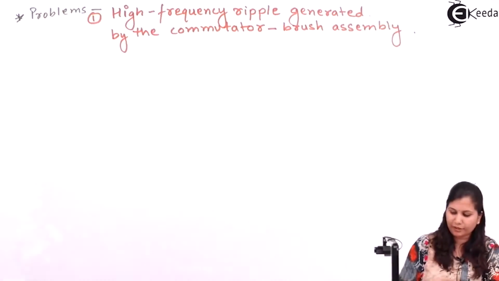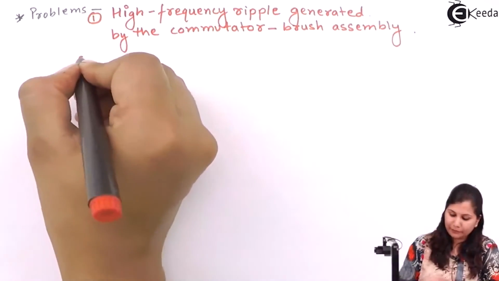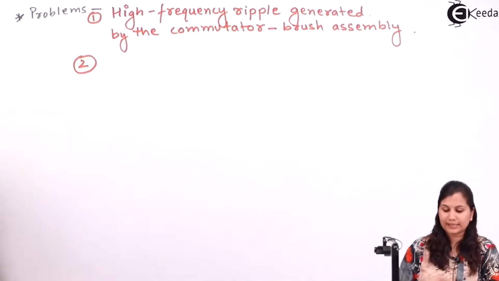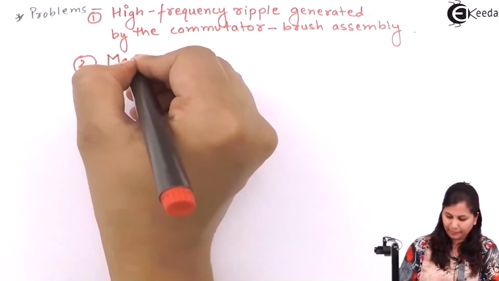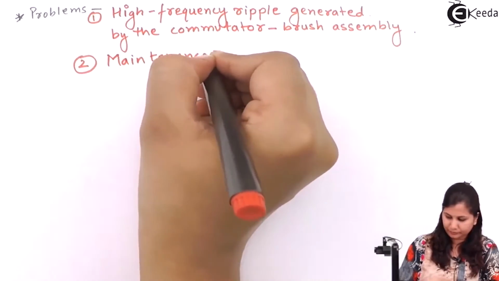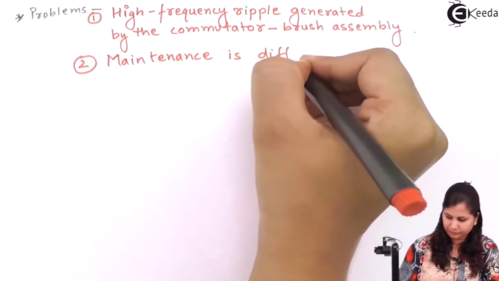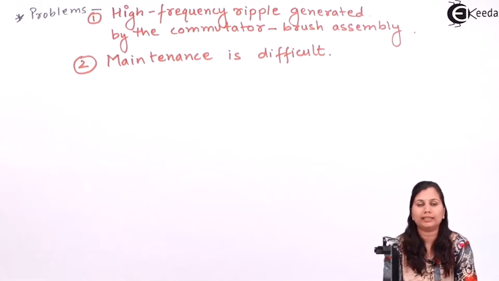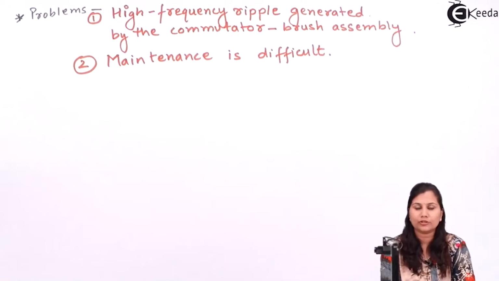So it is our first problem. The second problem is that the maintenance of the DC tacho generator is very difficult. So these are the problems encountered while using the DC tacho generators.